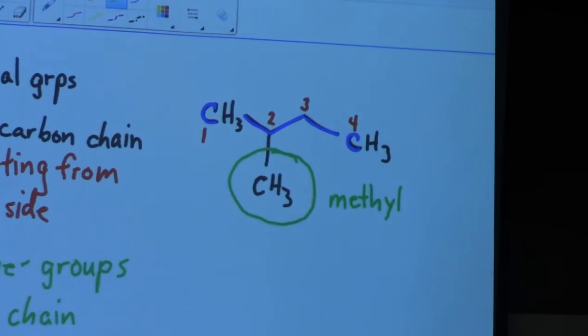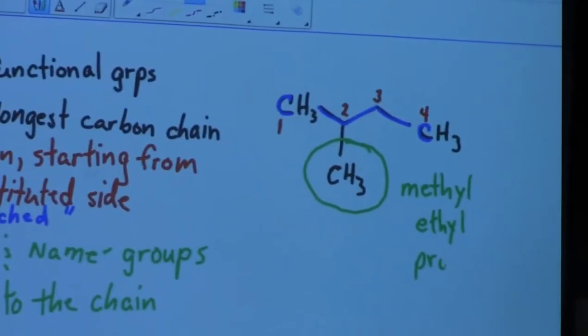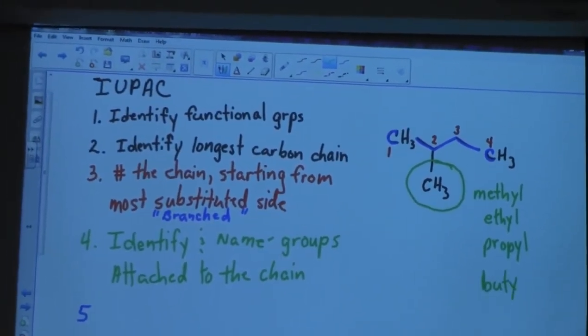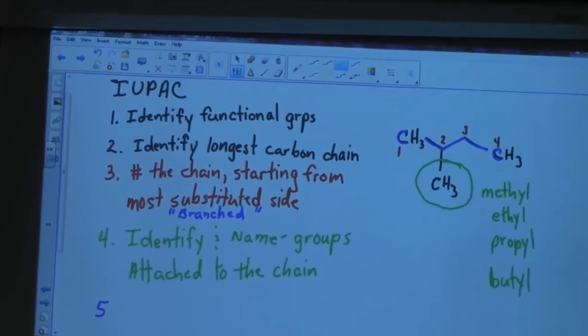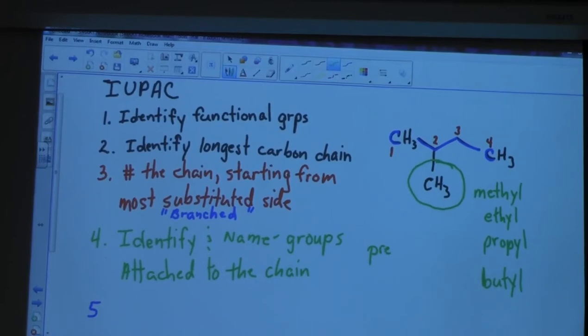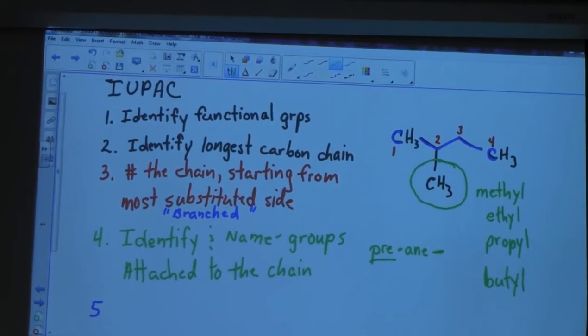Okay, we can also have ethyl groups, propyl, butyl. Okay, and basically the way that they are derived is by taking the prefix with ane at the end, and then we subtract out, well, sorry, that got a little crowded there. I'll do it like this. For the methyl, I'll do it like this.